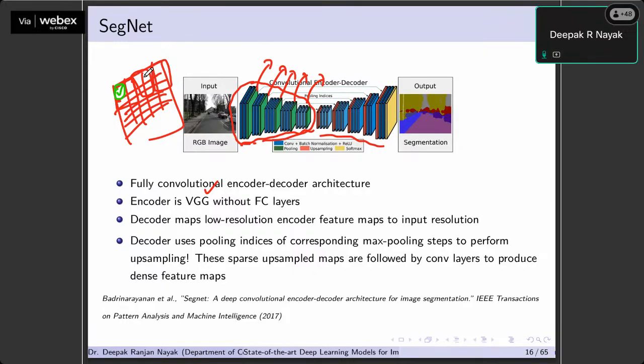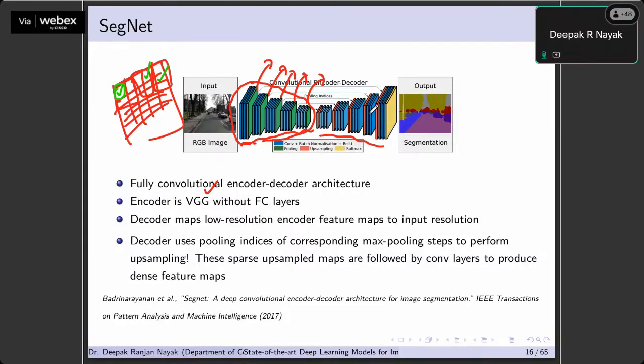And in the second window, this is going to store the maximum value. So like this, you need to store the winning indices while performing the downsampling or max pooling operations during the encoding process.